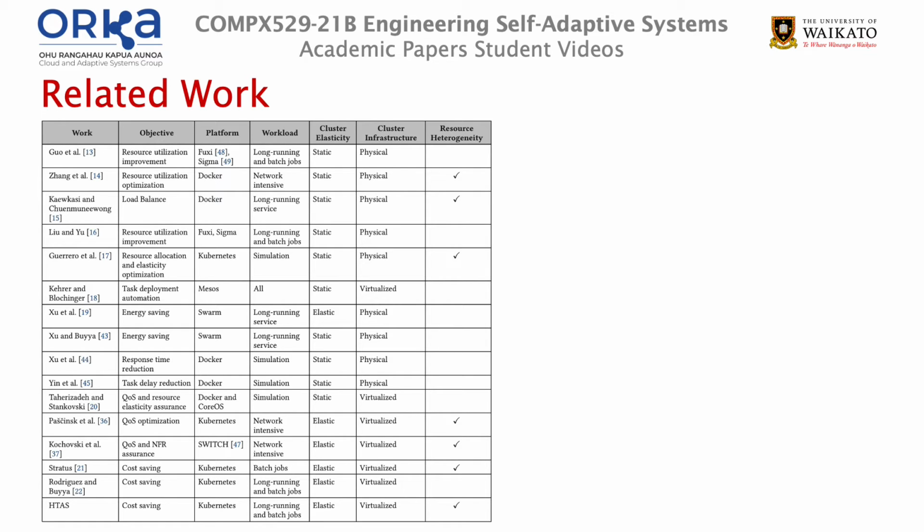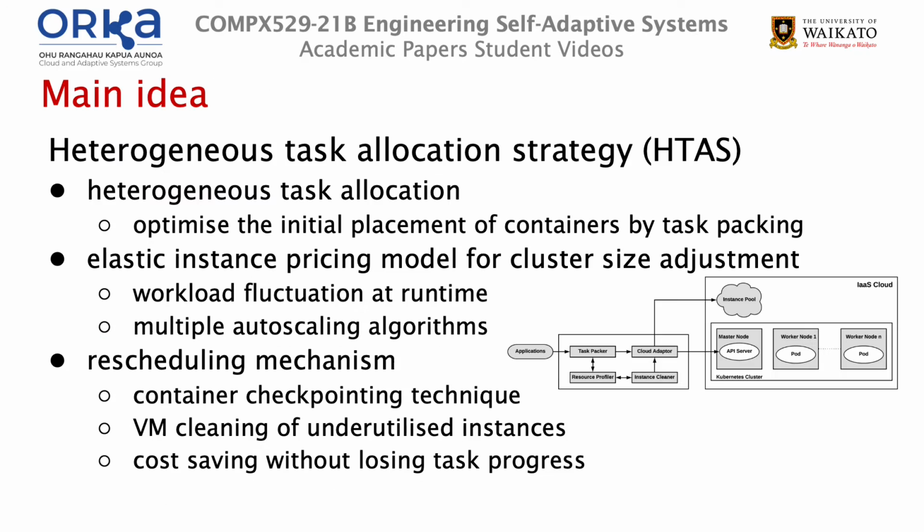So there's a HTAS down there in the bottom left-hand corner, and that is the heterogeneous task allocation strategy that the authors are proposing here. So what makes that up? Okay, looking at heterogeneous task allocation.